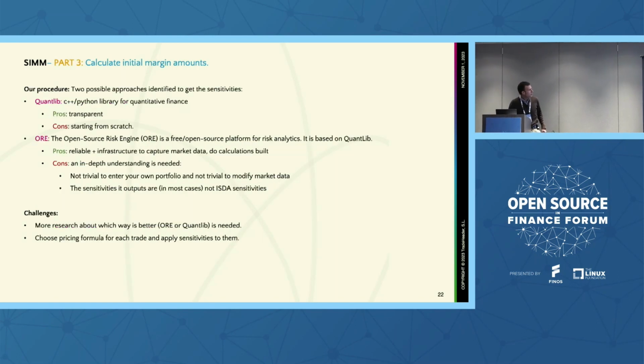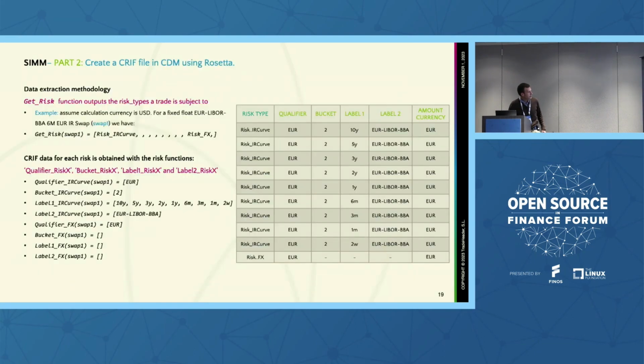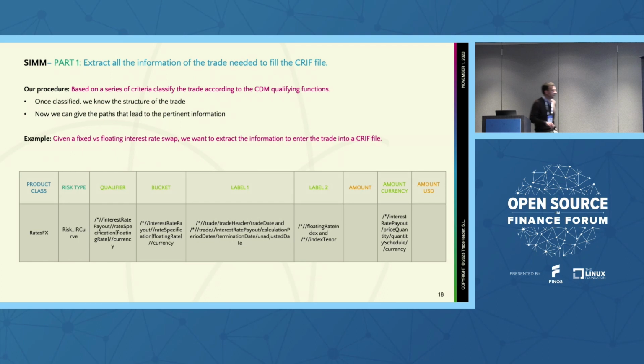One of the things that I didn't discuss before is the limitation on these two parts and the amount. The actual amount that we need to generate in the CRIF generation file depends on sensitivities. And to get the sensitivities for the different products, we need a risk engine that provides that. So we explored two possibilities.